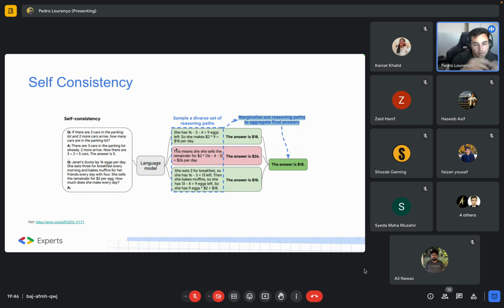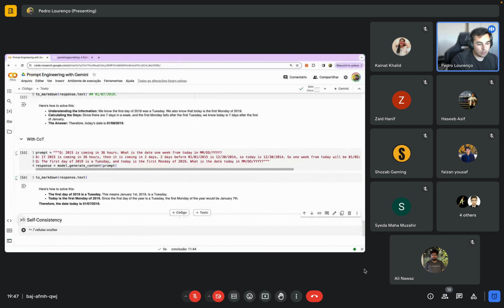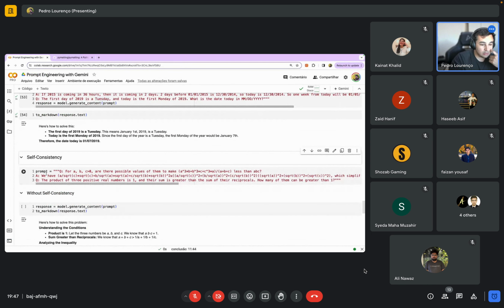So let's go to the local lab here. This is the prompt we have. It's a question about inequality in math. I won't read it, but you can read it yourself after the talk.